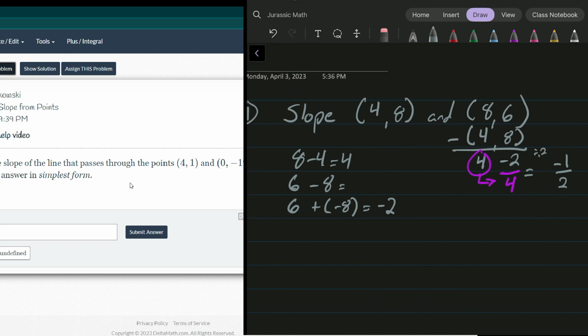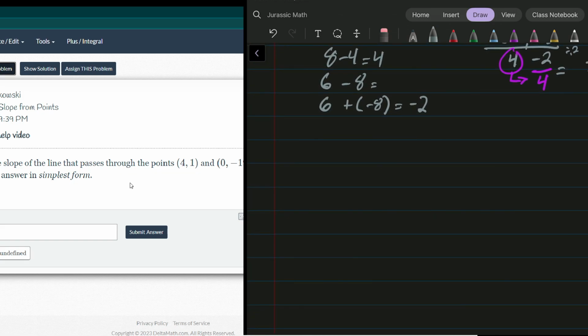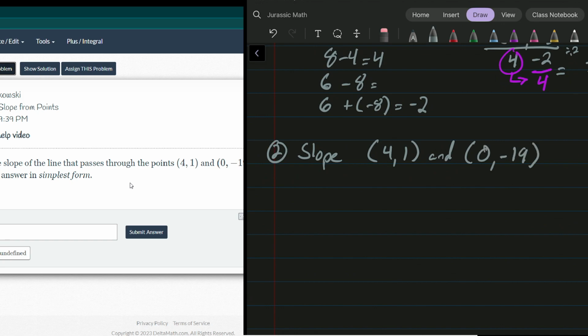This one I'm going to do the Delta Math way. So, number 2, we're still finding slope. This time our 2 points are 4, 1 and 0, negative 19. Large number. Now, Delta Math uses the actual real formula. y2 minus y1 over x2 minus x1.